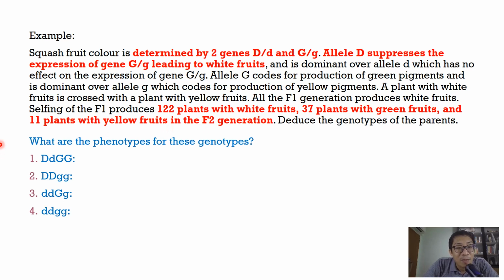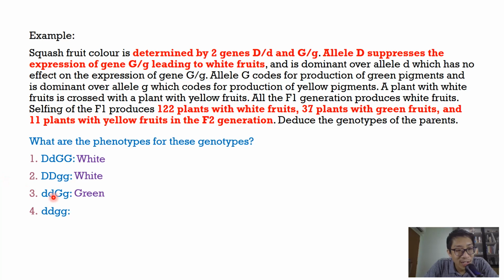Before we go to the diagram, just to understand the mechanism of this epistasis, can you deduce the phenotypes for these 4 genotypes? Okay, so the first one, heterozygous for D and homozygous dominant for G, would give you white color because of the dominant allele D, which masks the expression of gene G. Then you have white again, because of the dominant D again.